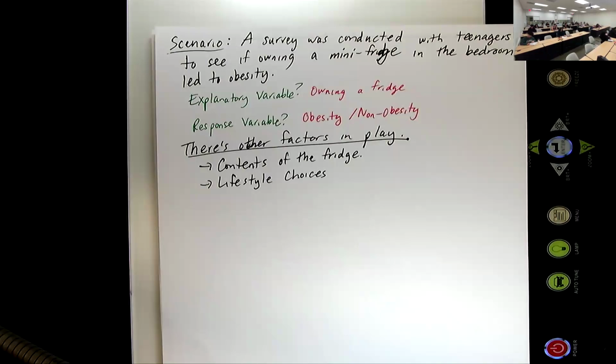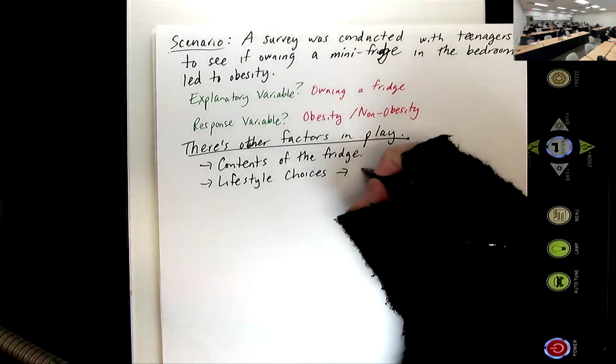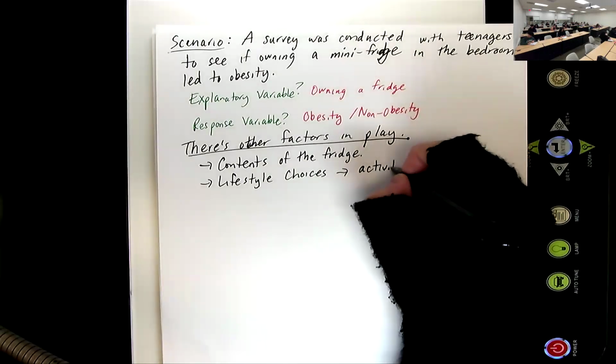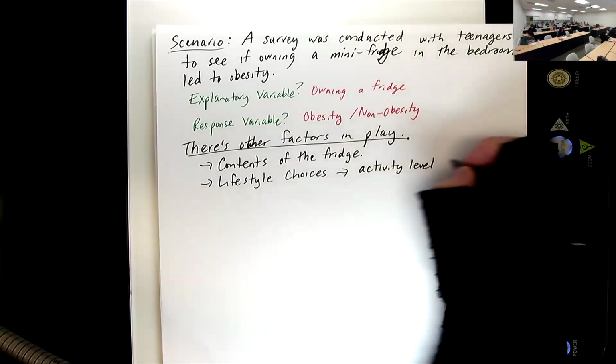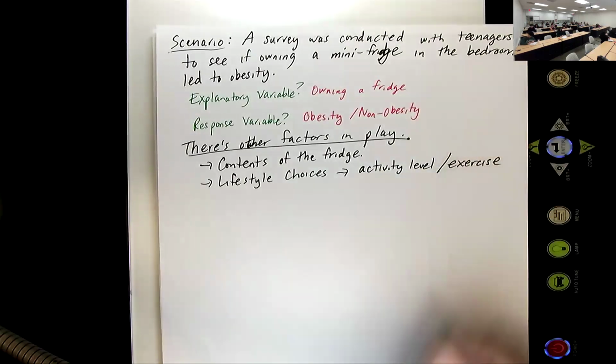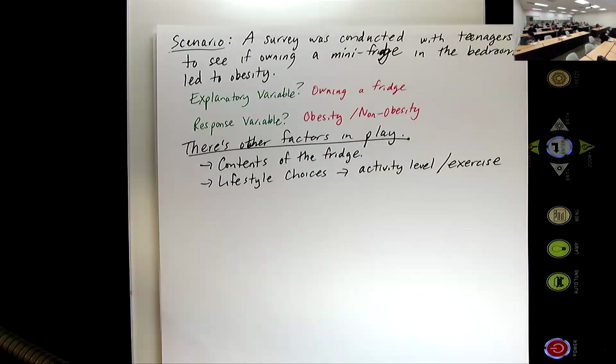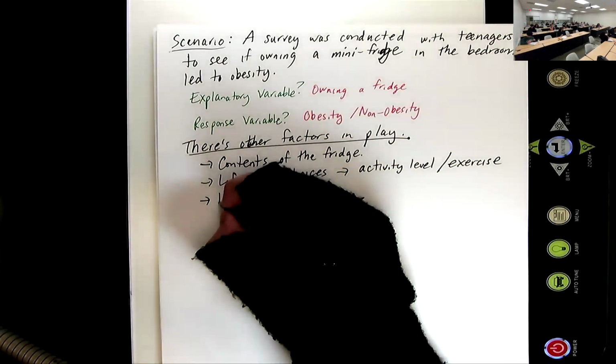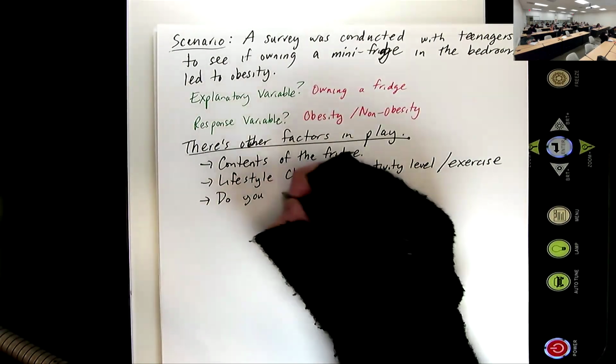Like if they work out or not, activity level or exercise. I assume that's what you meant. But lifestyle, there's a lot of choices we make in our life that we could argue is lifestyle. Like what we eat, drink or not. I'm guessing you mean alcohol?